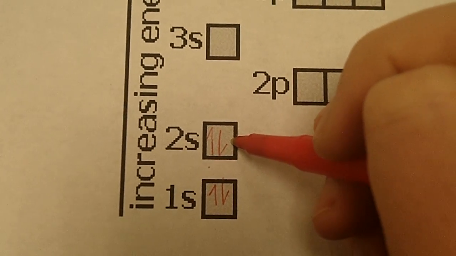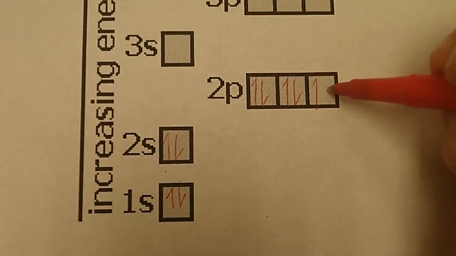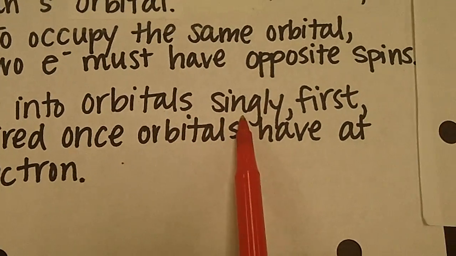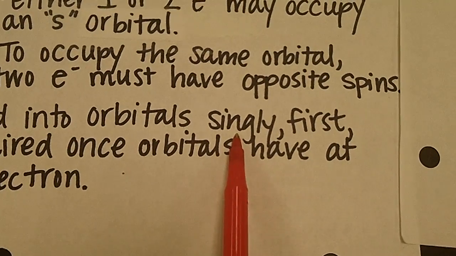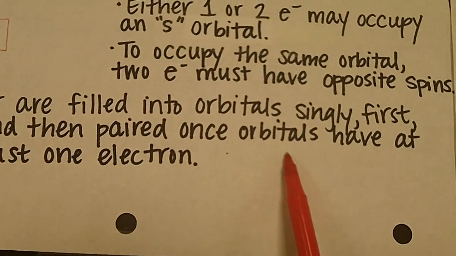Let's say I need to fill only part of the 2p sublevel. I have to fill them in this way. I go across the sublevel, and if I have more electrons, then I would fill them in like this. They need to all be filled in singly first, as a single electron with a single spin. And then once they're all filled, then you can pair the orbitals with the second electron.